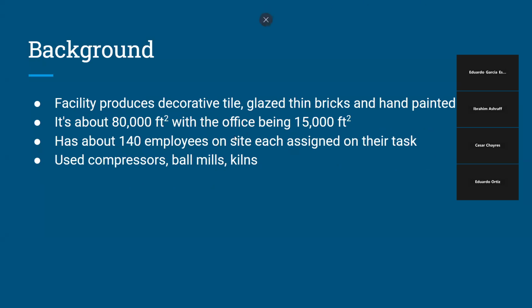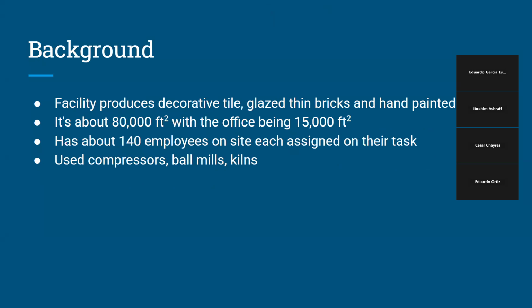For the background, pretty much the facility produces decorative tiles, glazed bricks, and hand-painted tiles. The total facility area is about 80,000 square feet, including 15,000 square feet of office space.